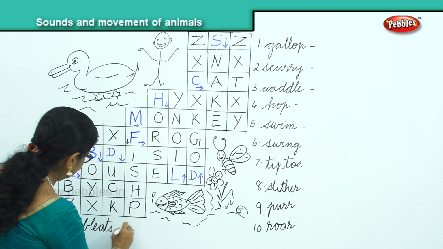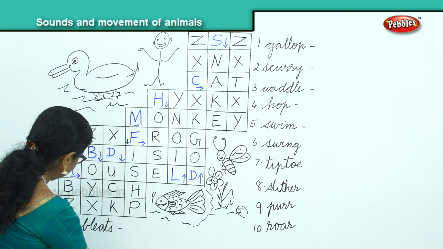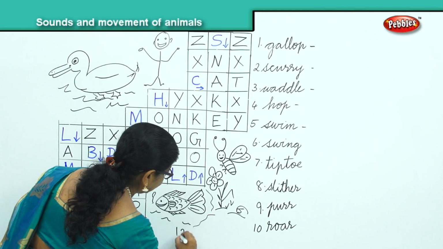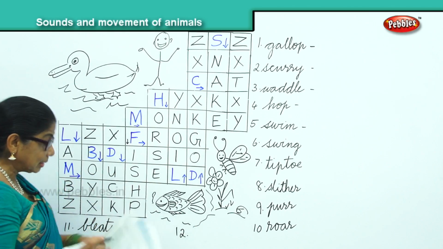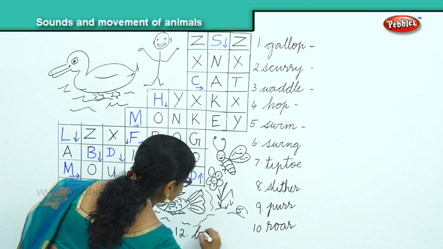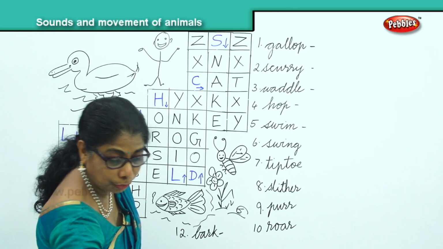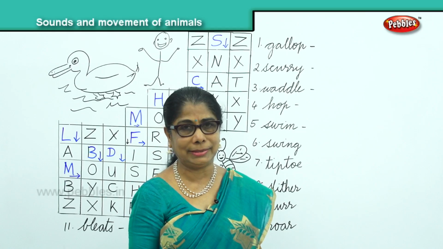All these animals are here, find them. And finally you have that bark. Find. Alright, now we're going to find these animals here.